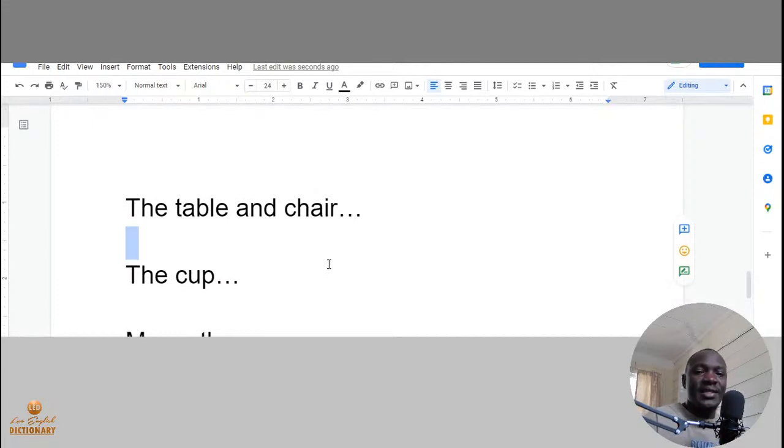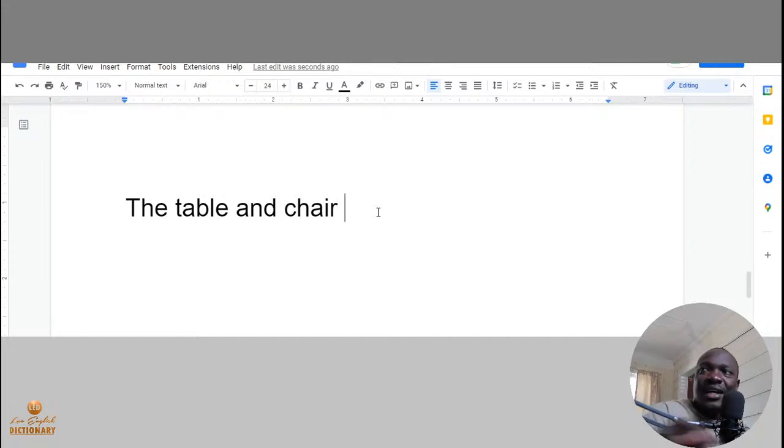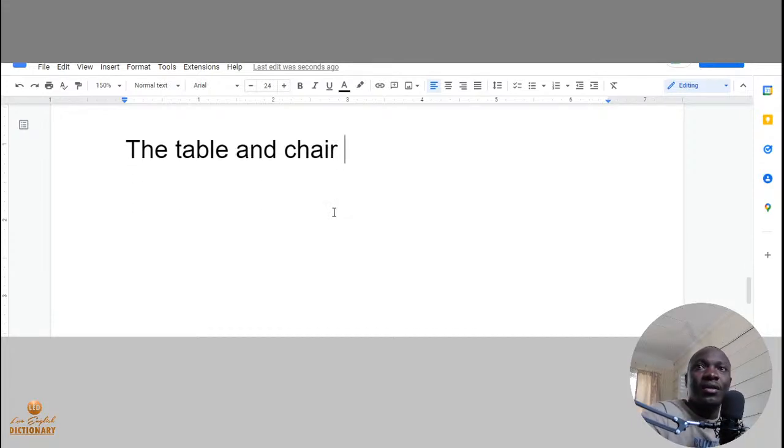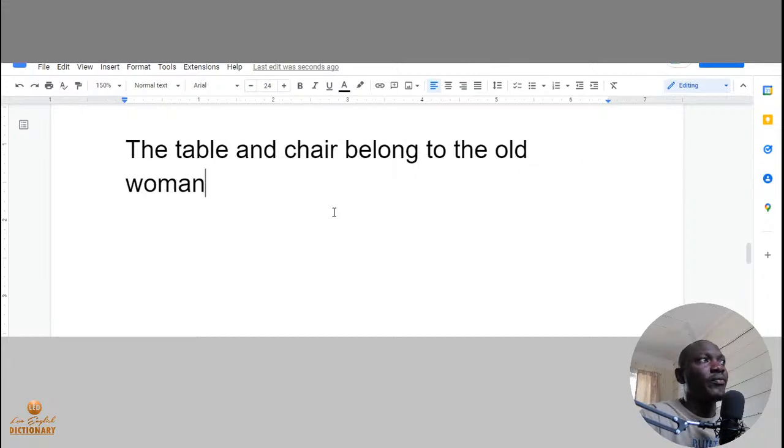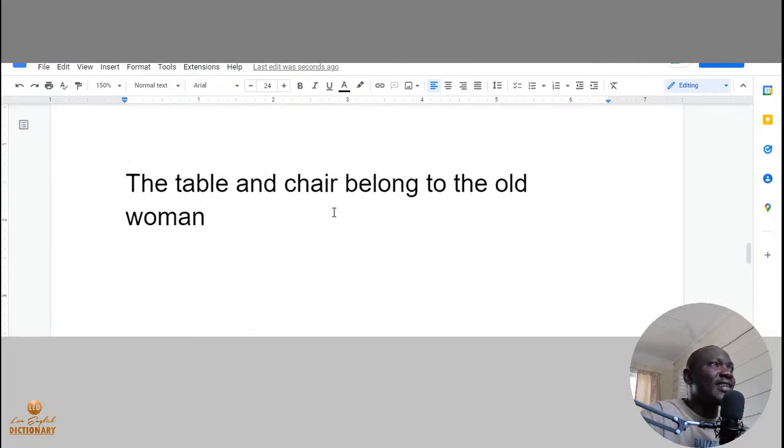The next one is the table and the chair. Do I say belong to the old woman? Or what do I say? That's a good sentence, isn't it, guys? The table and the chair belong to the old woman.